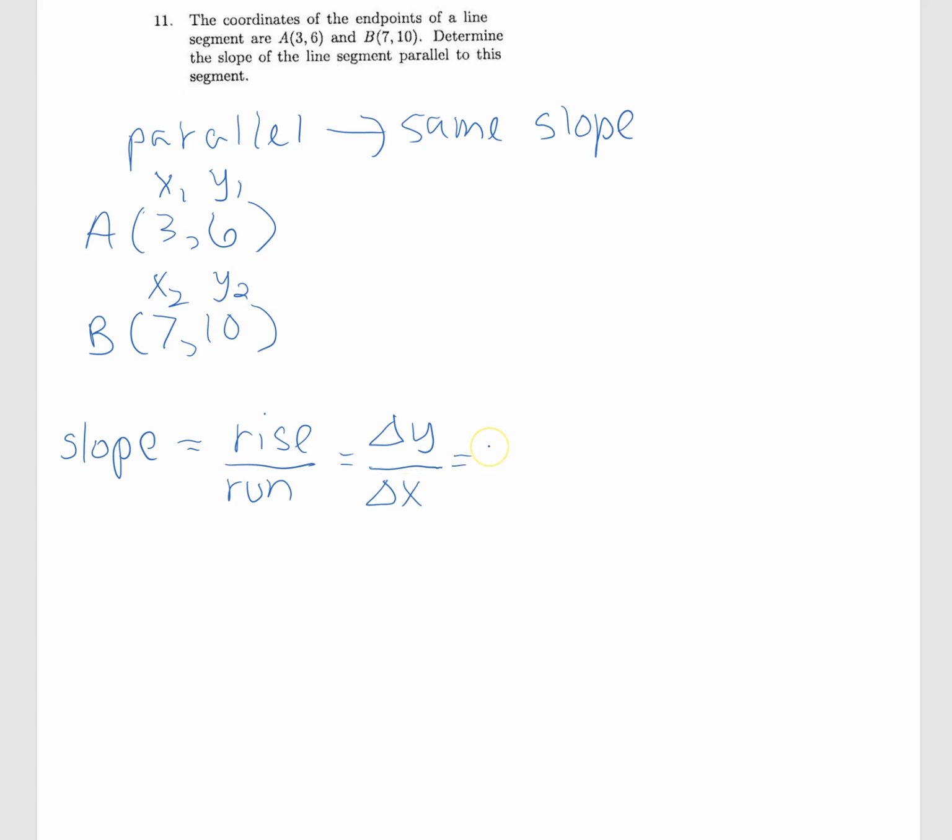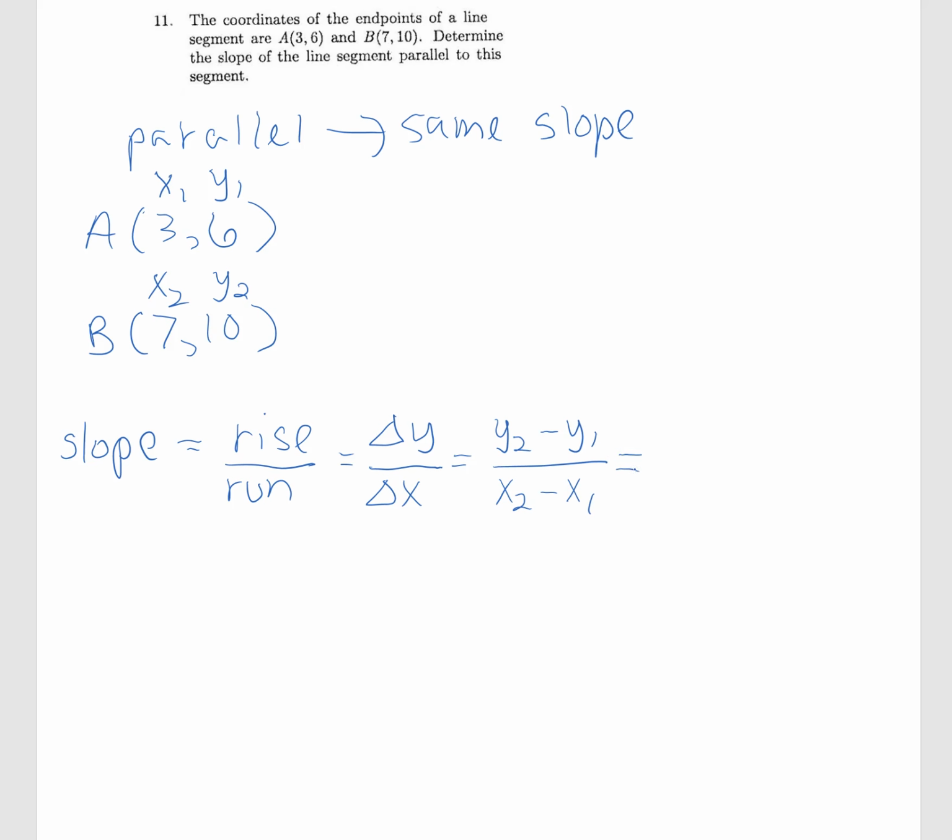So we can rewrite this as y2 minus y1 over x2 minus x1. And it actually doesn't matter if you subtract the x2 and y2 from the x1 and y1. We just have to keep it consistent so that you always have 2 coming first or 1 coming first. And that will give you the right answer in the end.